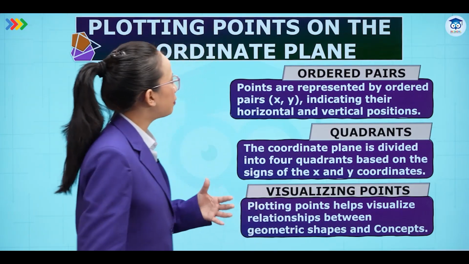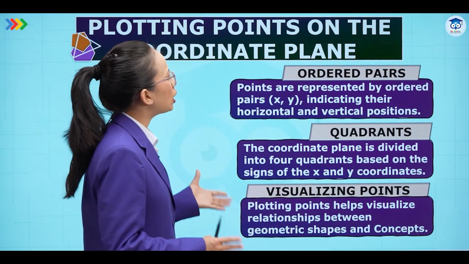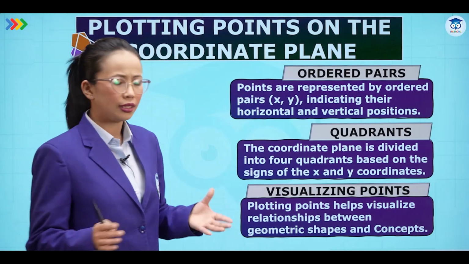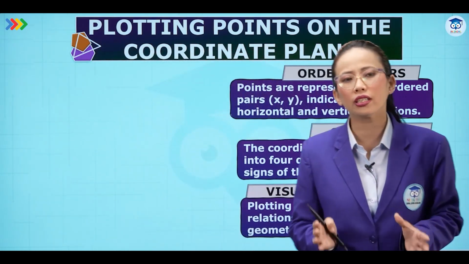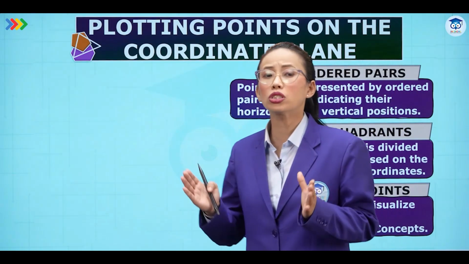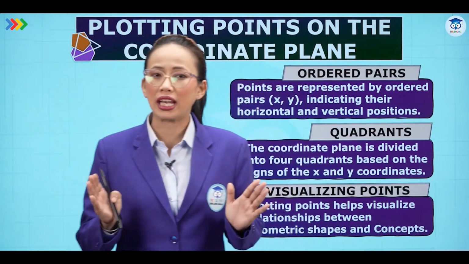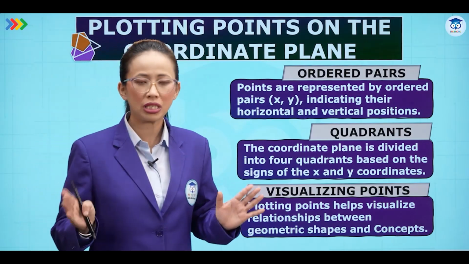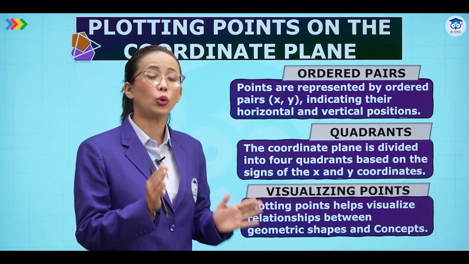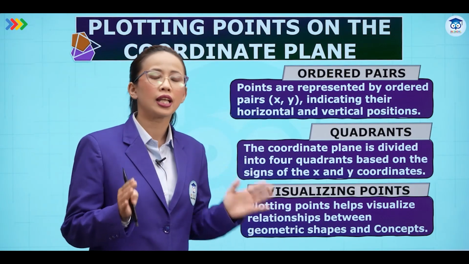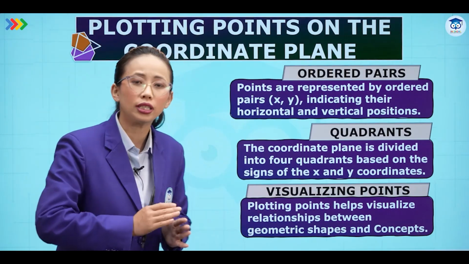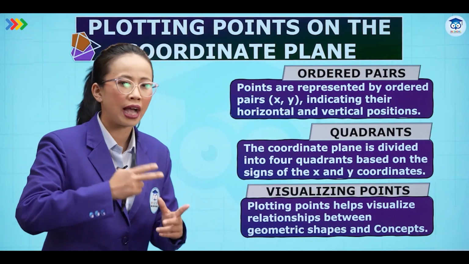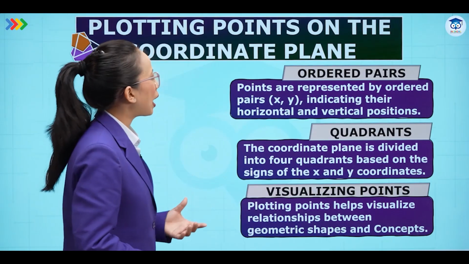Next, this is why we call it an ordered pair. The coordinates that we are going to consider here are called an ordered pair because it consists of two values and it is ordered. Means the first value is always the x coordinate and the second value is always the y coordinate. Therefore, it's called an ordered pair.